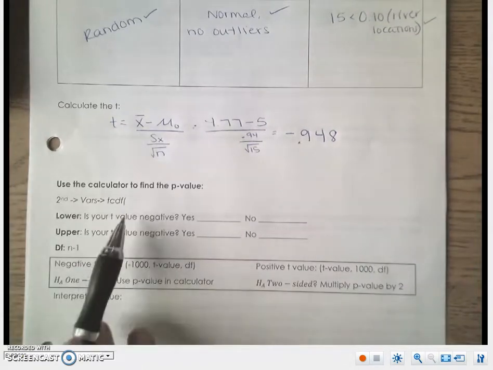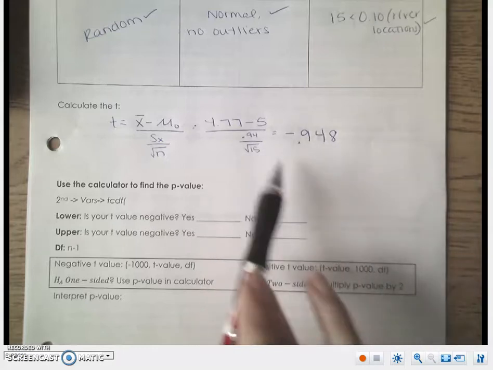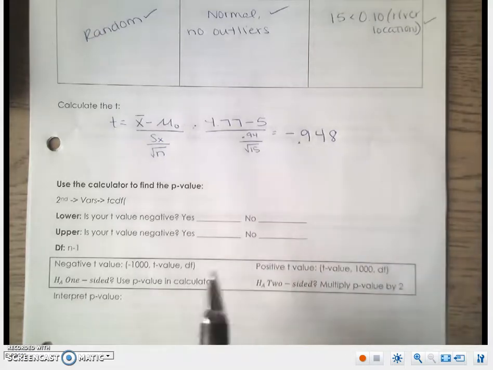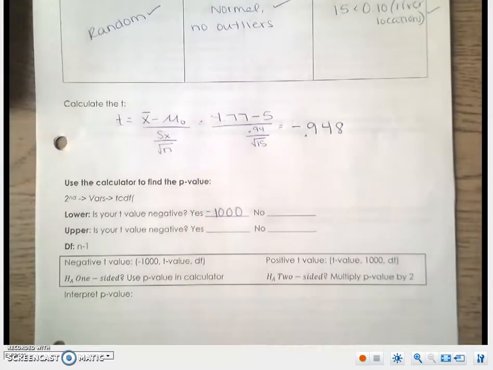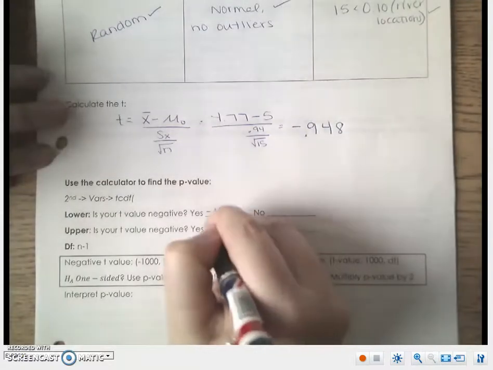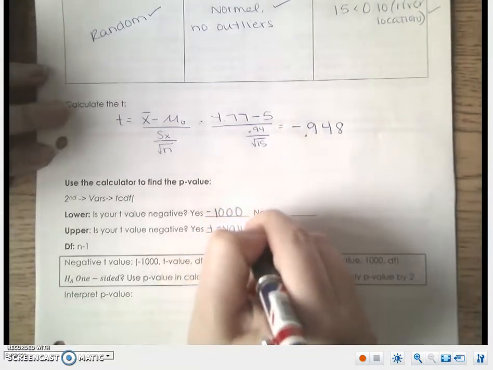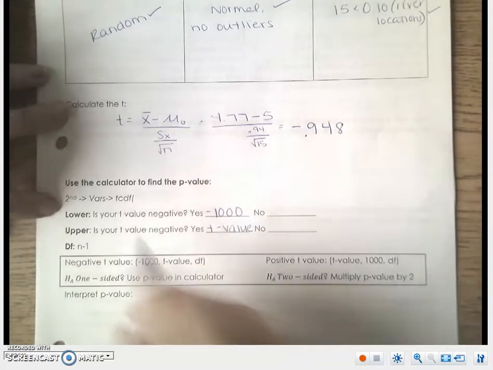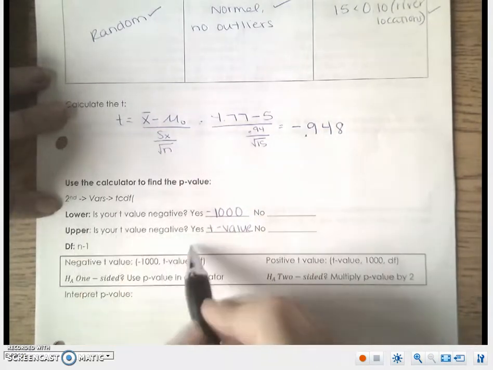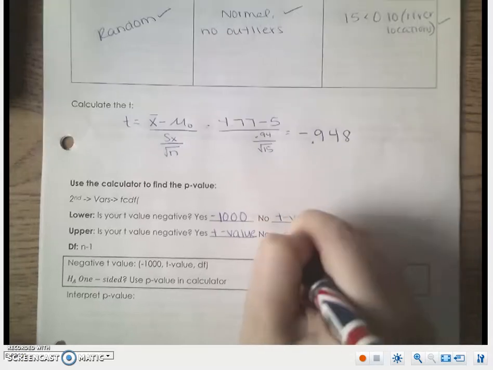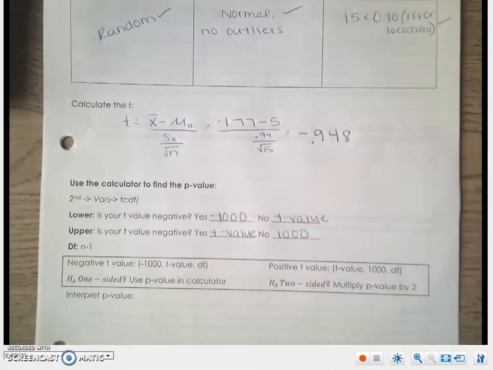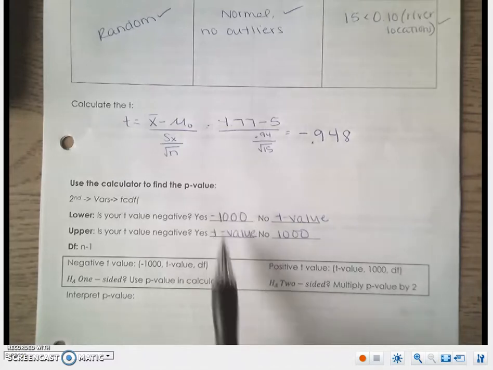If your t-value is negative, like the t-value we got, then your lower bound is going to be negative 1,000, and your upper bound is going to be your t-value. If your t-value is not negative, so if we would have gotten 0.948, then we use the t-value as the lower bound and 1,000 as the upper bound. So you're either using negative 1,000 to your t-value or your t-value to positive 1,000.